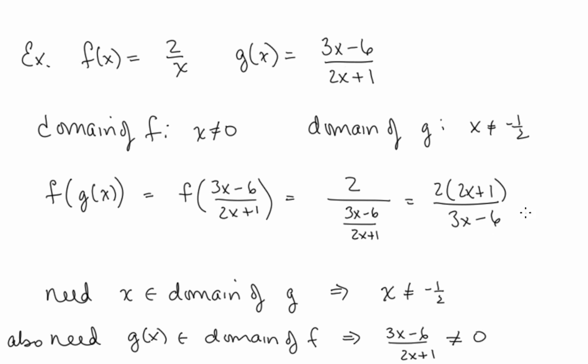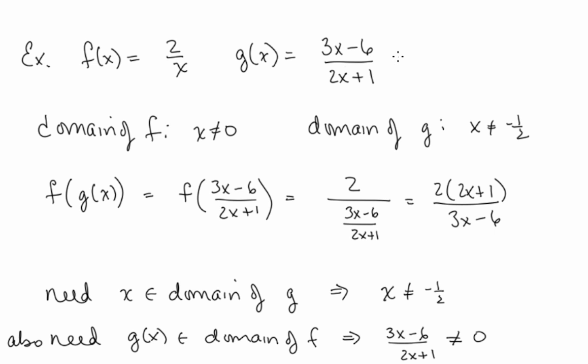So again, don't be fooled by the final function. Let's consider the process. What do we need? We need x to be in the domain of g. So that means x cannot equal negative 1/2. Also, we need g of x to be in the domain of f. So that means what comes out of here cannot equal 0. That's the domain of f.